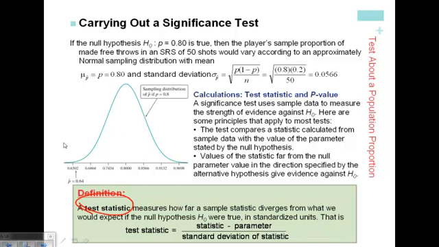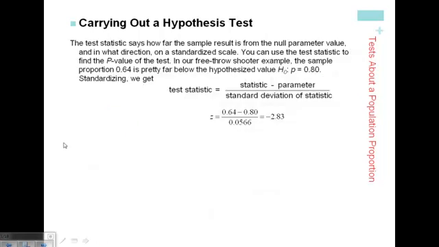Okay. So anyway, a test statistic, this thing along the path to calculating the p-value, is another way of saying, hey, something's unusual here. And in the case of the test of sample proportion, our test statistic is the z-value. All right.